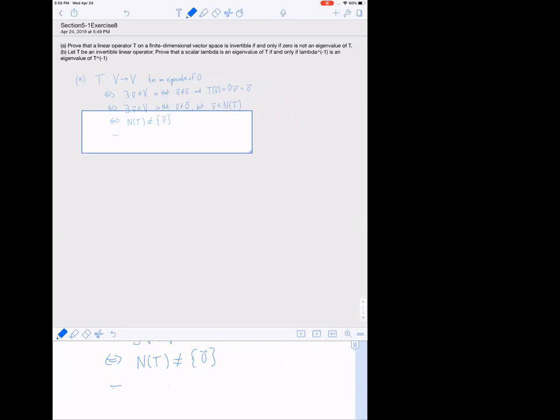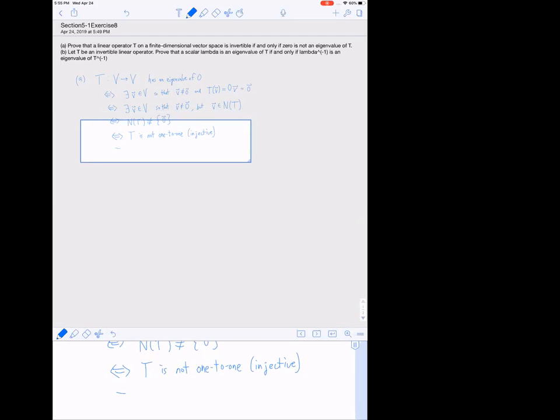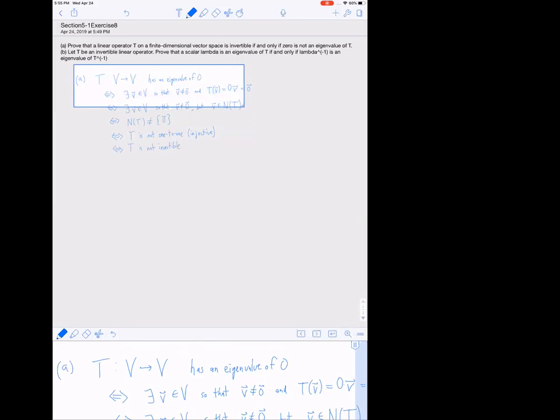And from another theorem that we already know, this is true if and only if T is not 1-to-1, otherwise known as injective, which then in particular is true if and only if T is not invertible, since T goes from the vector space V to itself.